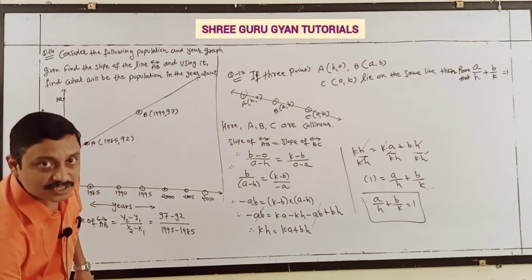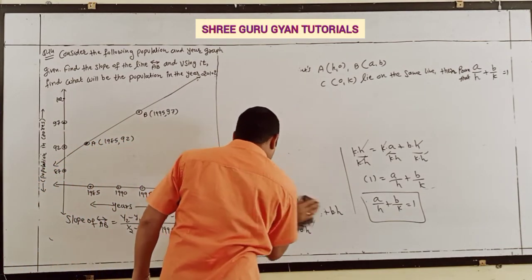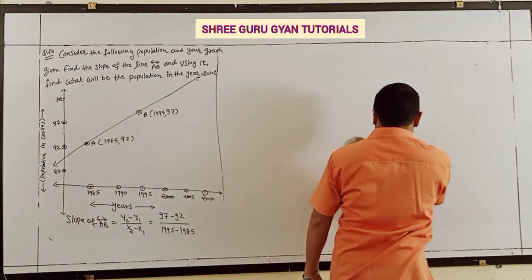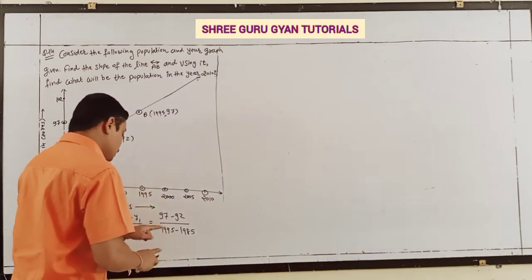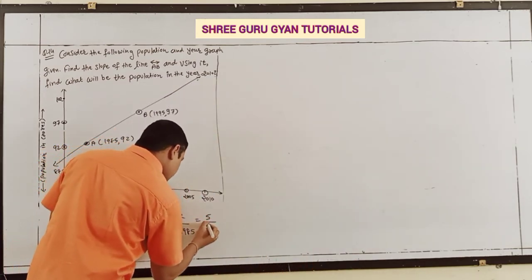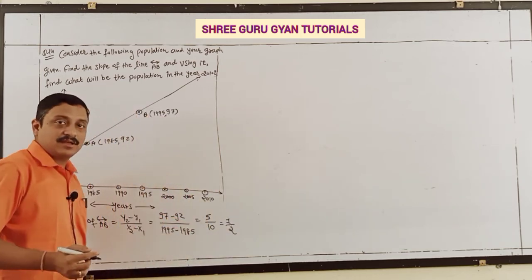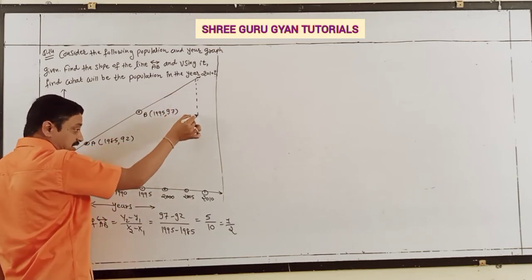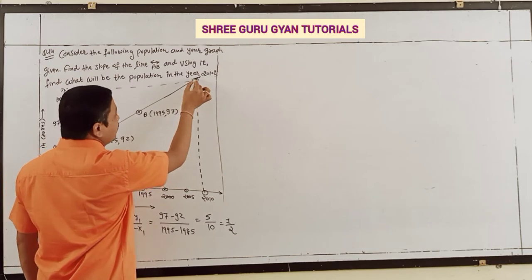Easily, students, you will calculate and get the slope of line AB. After that we will find the population in the year 2010. Here the numerator is 5 and the denominator is 10, so the slope is half. Now my target: if you extend this line to 2010, definitely you have some y point.